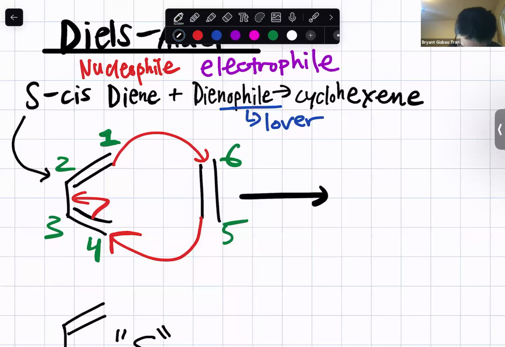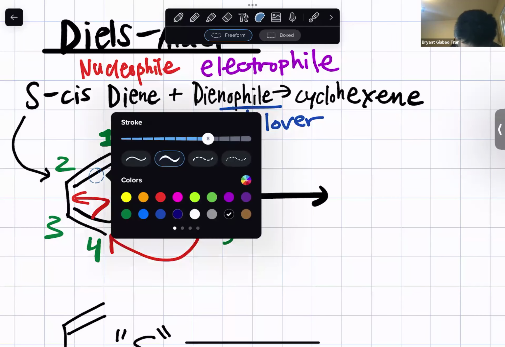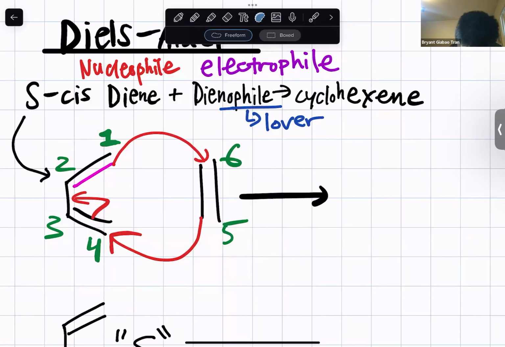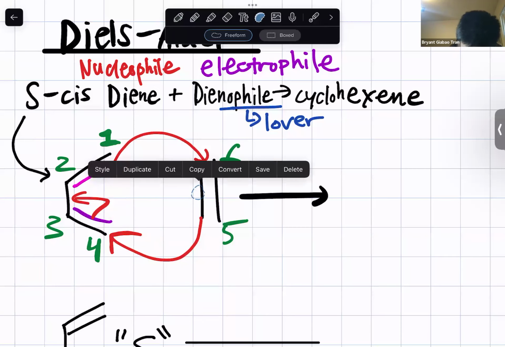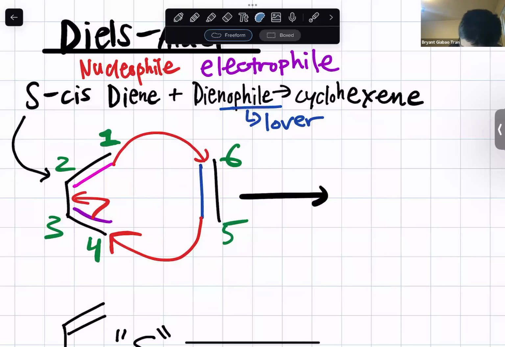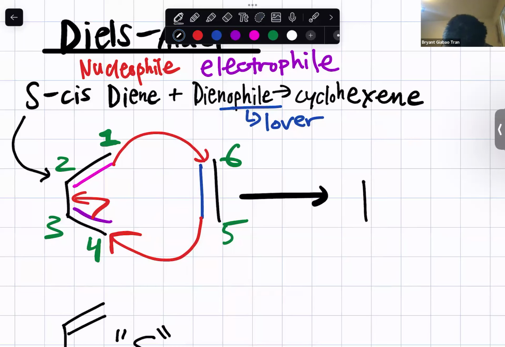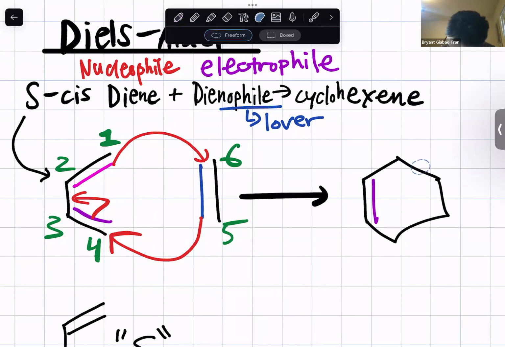We're going to make a six-membered ring. It might also help if I color code these. Let's color code that bond pink, this purple, and this blue. Six-membered ring right here, where the purple bond is now here, the pink bond is now here.